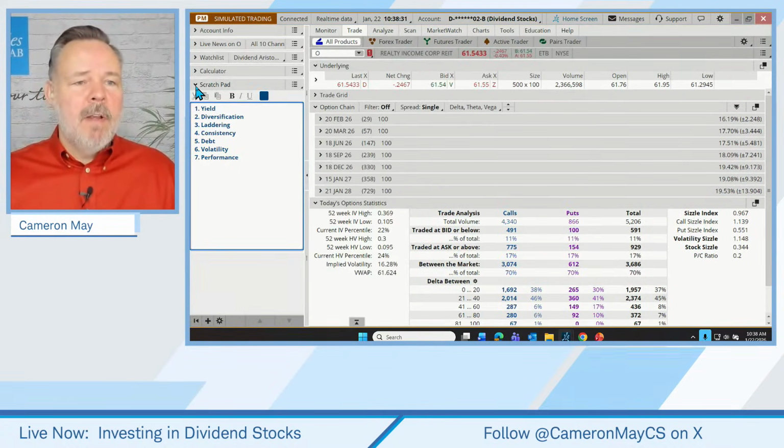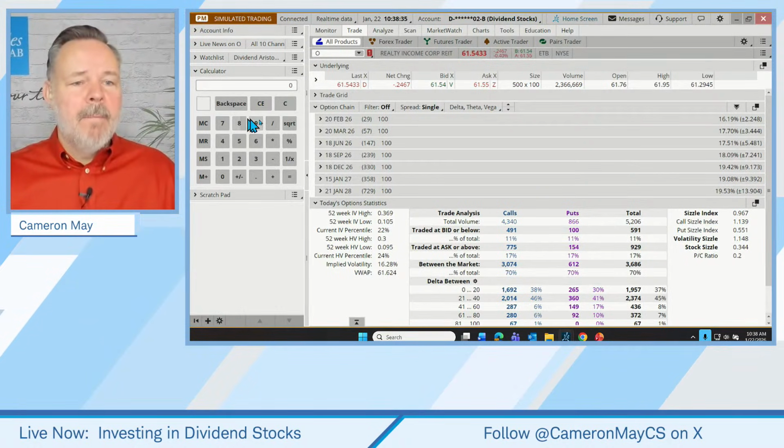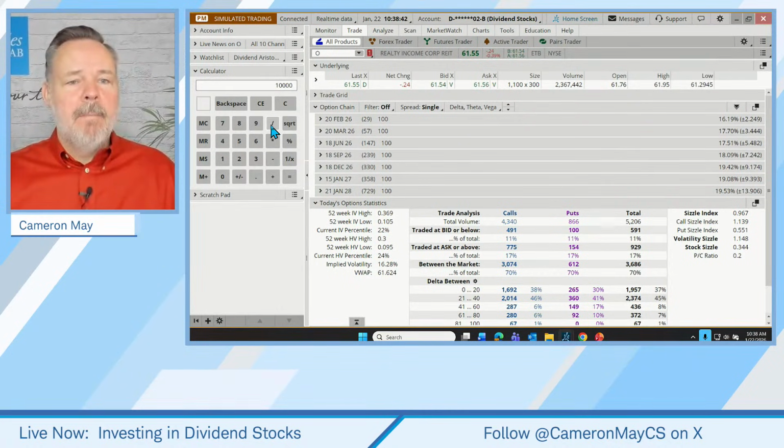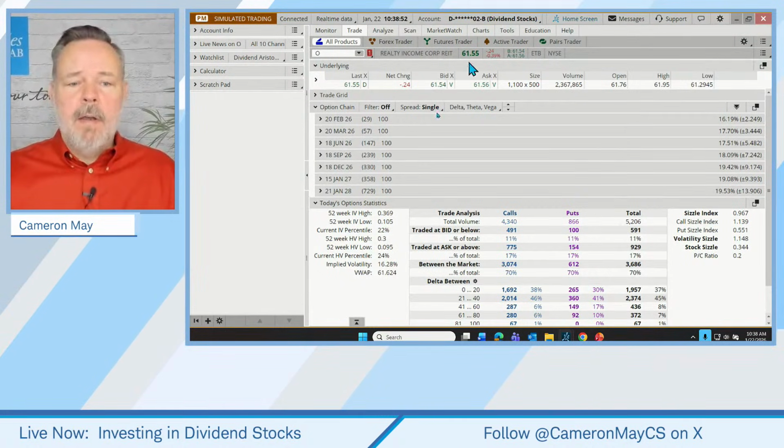Last week I was a little bit lazy and used a round number. Let's get out our calculator and say we have $10,000 to spend. Let's divide that by 61.55, although that's not our guaranteed purchase price. 162 shares.